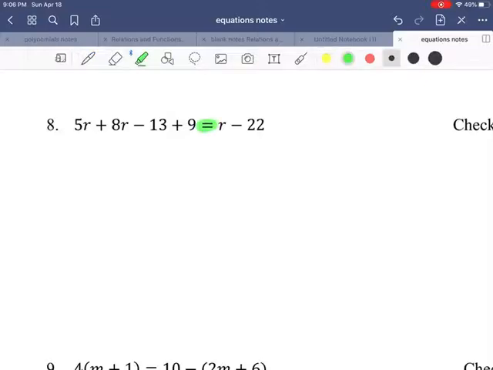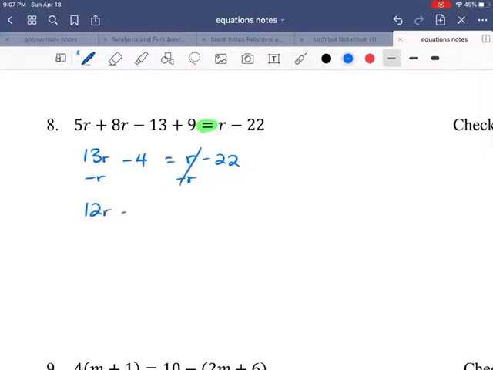Here's the equal sign. Because of this equal sign, 5r and 8r are on the same side, which means you can combine those two to make 13r. As well, negative 13 and positive 9 are on the same side. So if we collect like terms, we get negative 4. And this equals r minus 22. Now r is less than 13r, so let's subtract r.